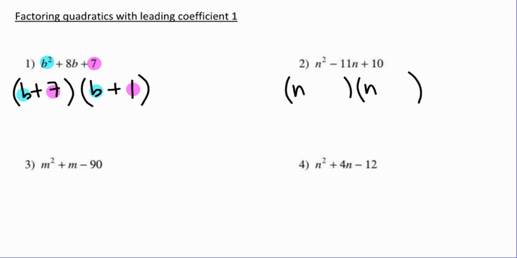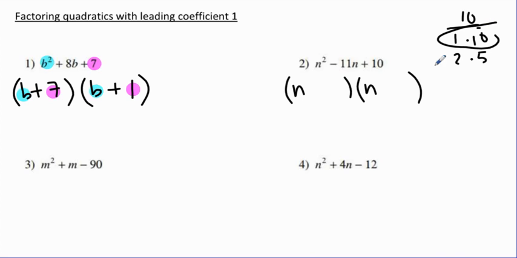So now we have to think of factors of 10 that add to 11, or negative 11 technically. I like to ignore the sign for now, just look at 10. So we have 1 times 10, 2 times 5, and that's it.